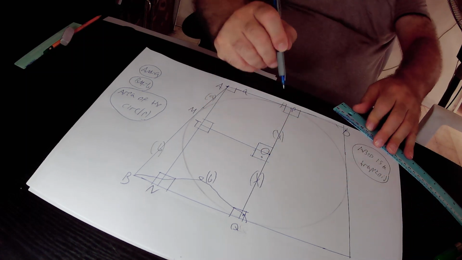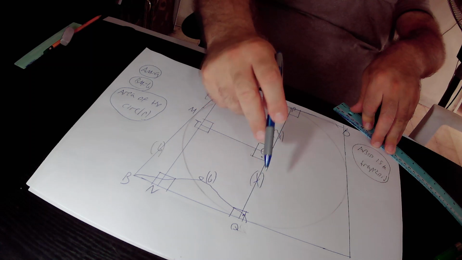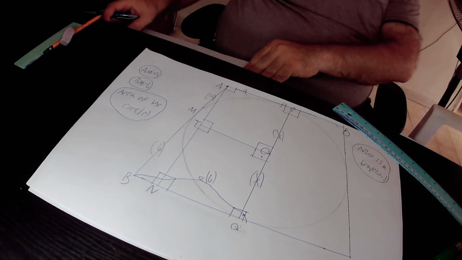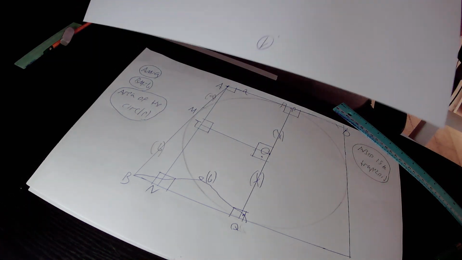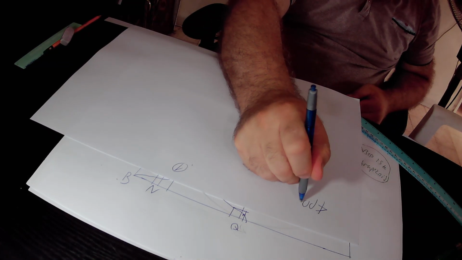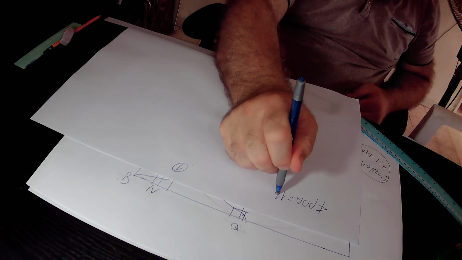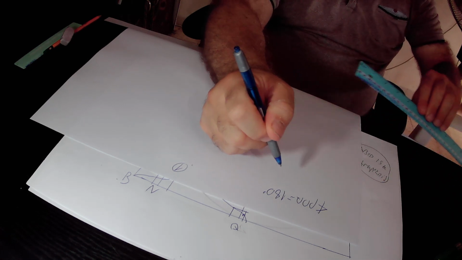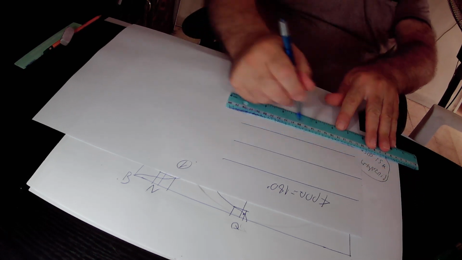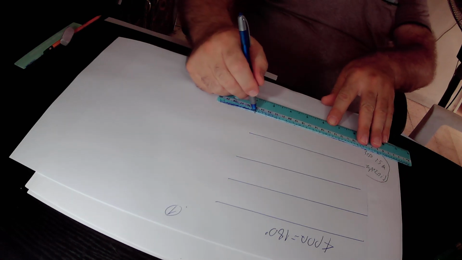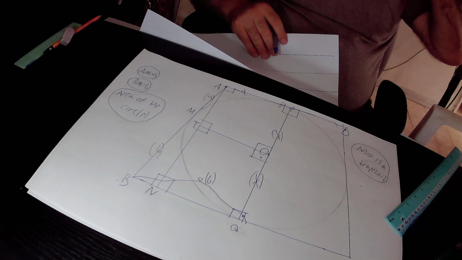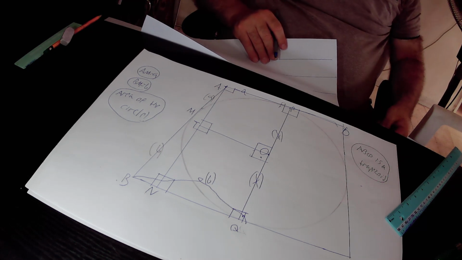So actually, the big angle POQ in total is equal to 90 degrees plus 90 degrees, that is 180 degrees. So I'll write it down. The size of the big angle POQ is equal to 180 degrees. And we know that any angle that is equal to 180 degrees in size is a straight line.